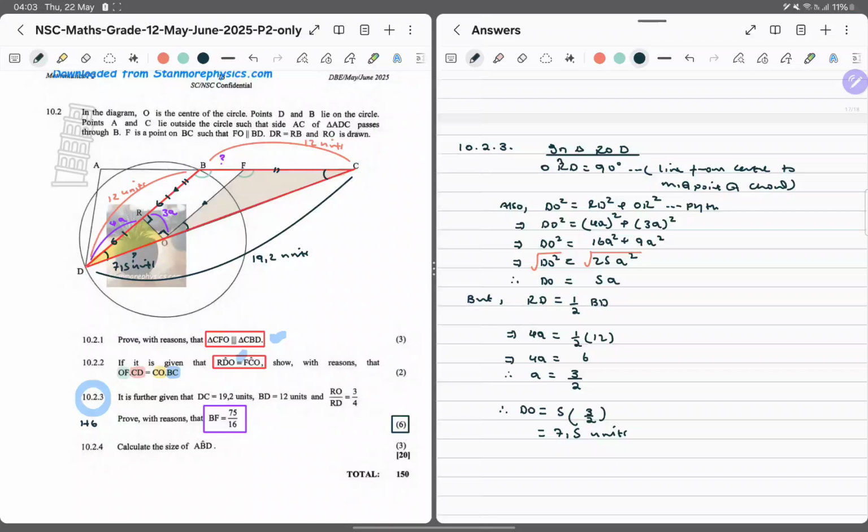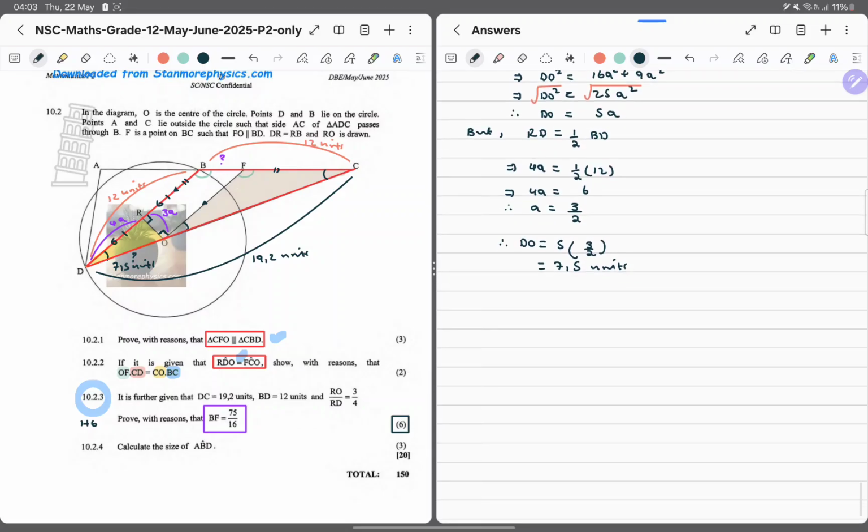Now, from here on, do we need anything else? I doubt it. So we get to the answers that we want. We will say then, we know that BF over the entire side BC should be equal to DO over the entire side DC. This is the proportionality theorem.